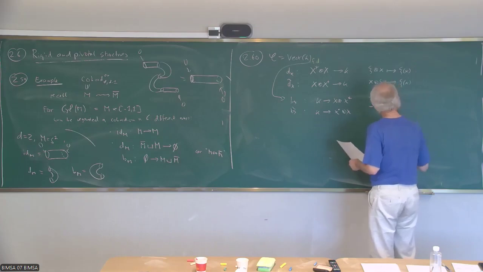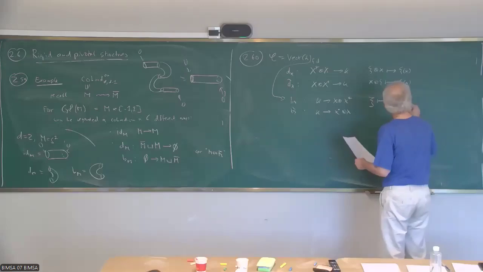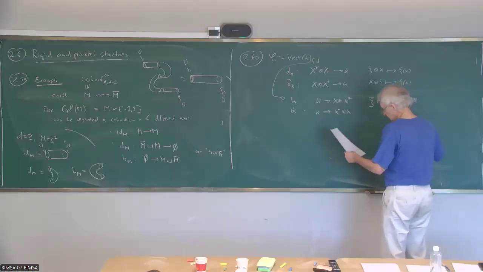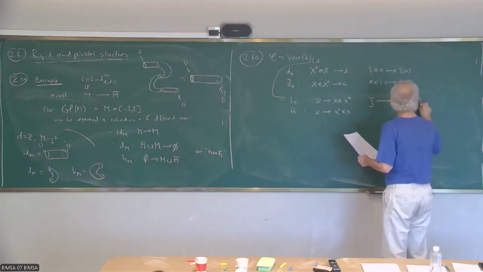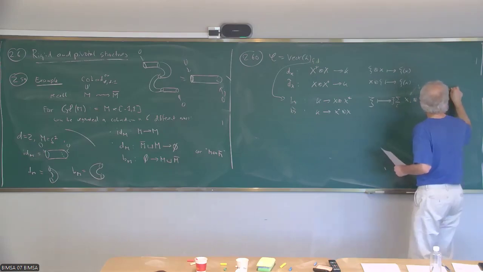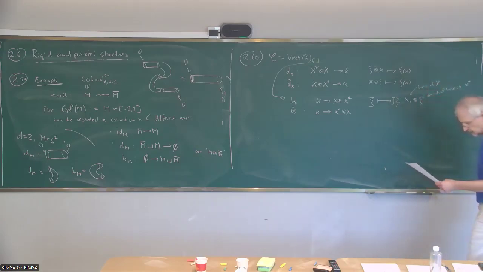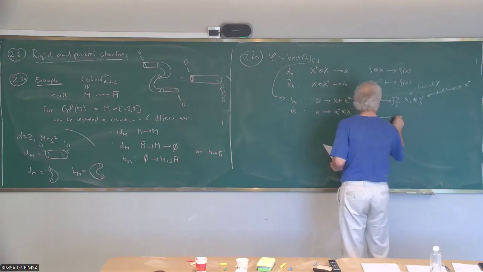A sum over i. This is a finite sum because we are finite dimensional, of x_i tensor xi_i, times theta, where x_i is a basis of X, and xi_i is the corresponding dual basis of the dual vector space. And analogously here, just do it the other way around.